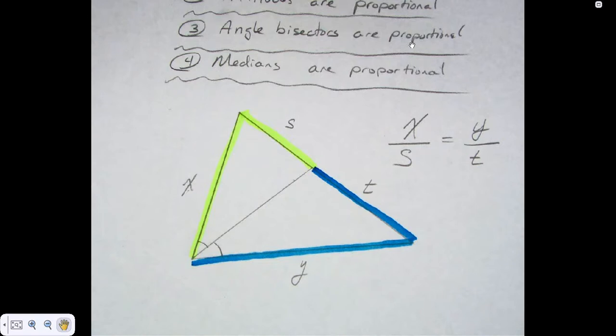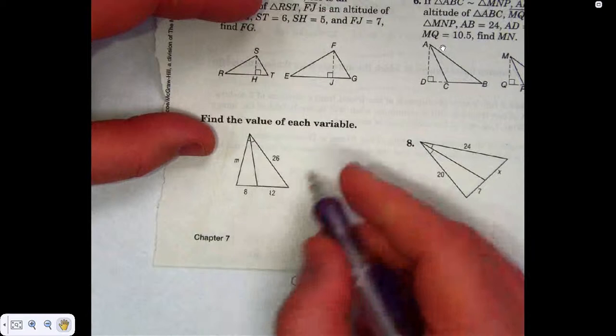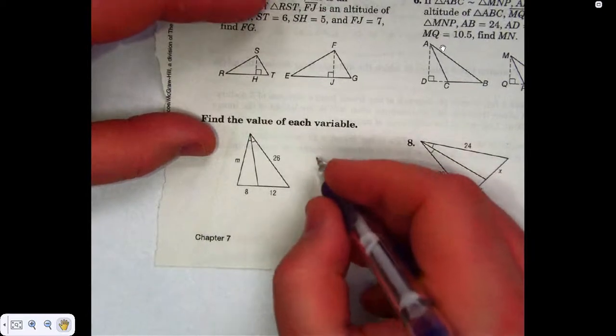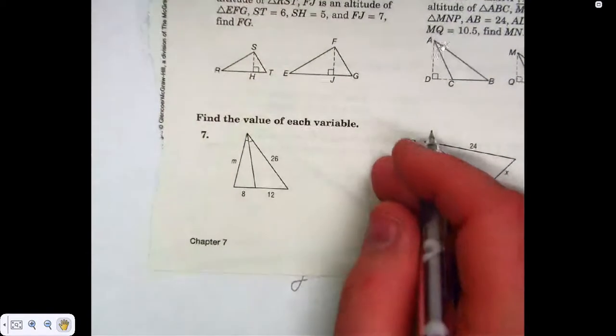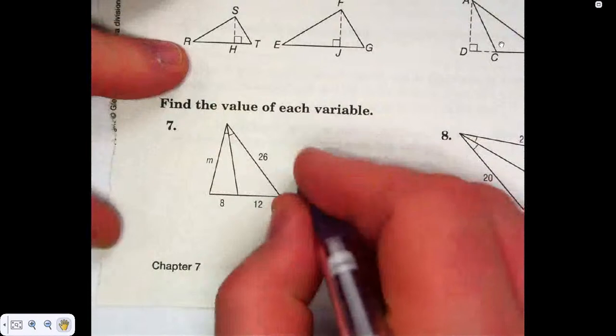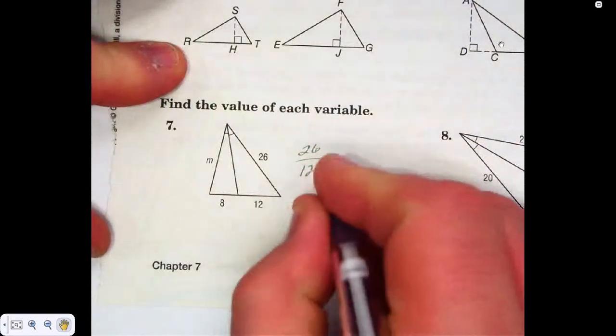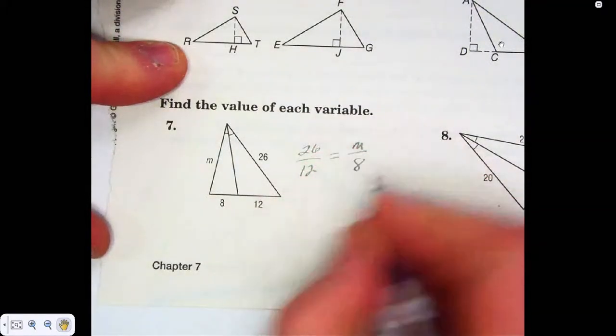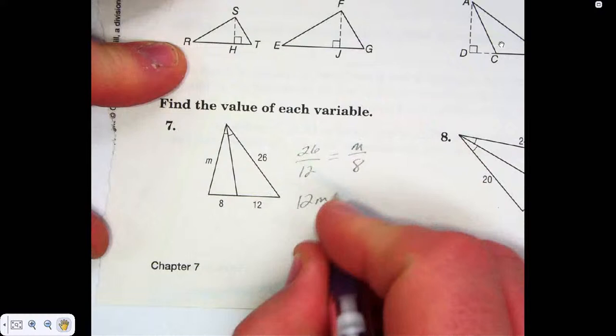An example to go with that. Look down at number 7 on page 91. Tell me the proportion I'm going to set up here. 26 over 12 is equal to 10 over 8. See how easy that is?